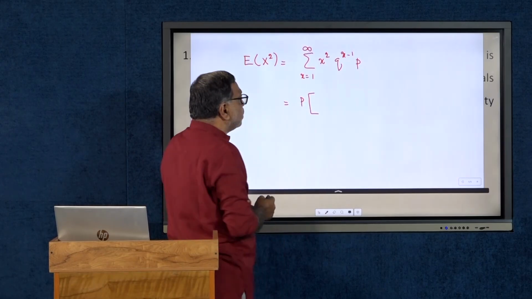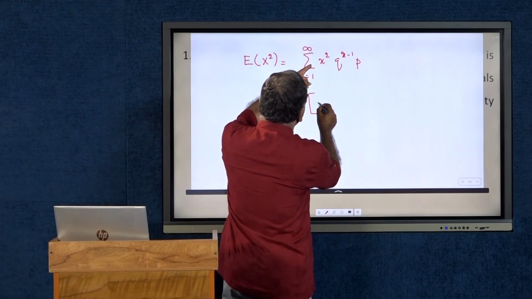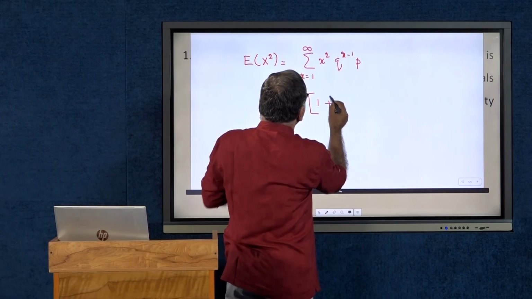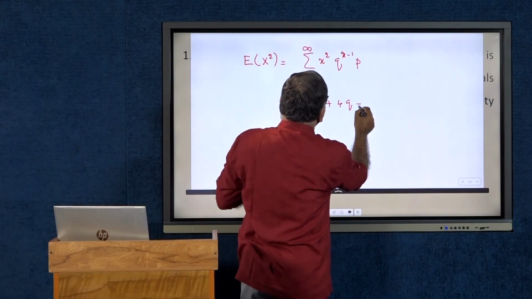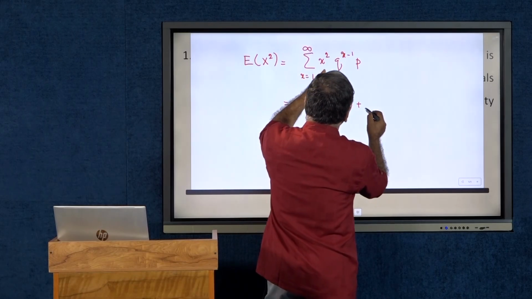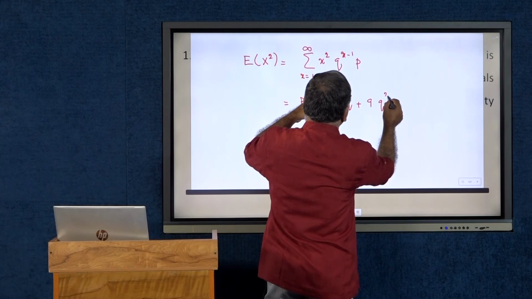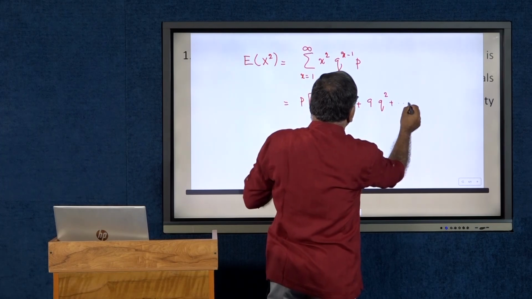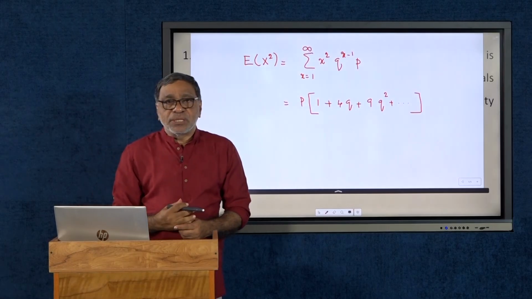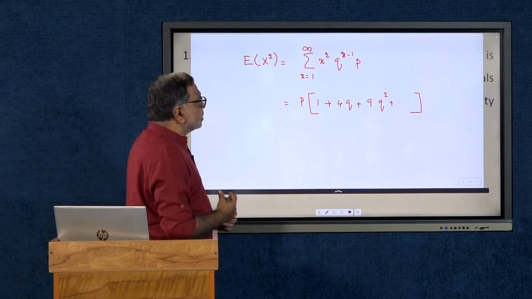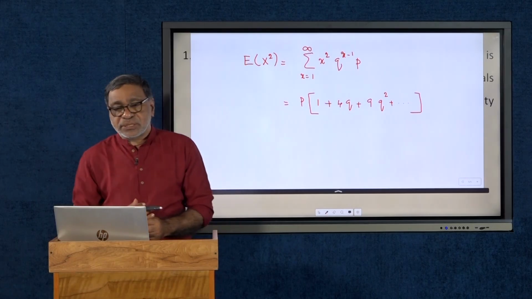This is equal to p into, for x equal to 1, 1, plus 2 square that is 4q, plus 3 square that is 9q square, plus etc. So that is p into 1 plus 4q plus 9q square plus etc.